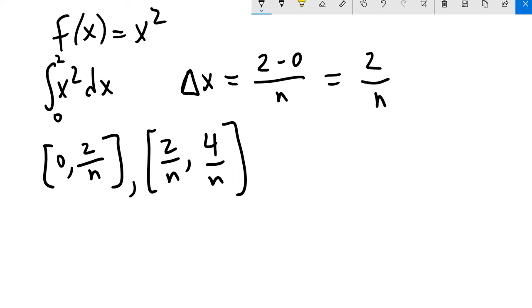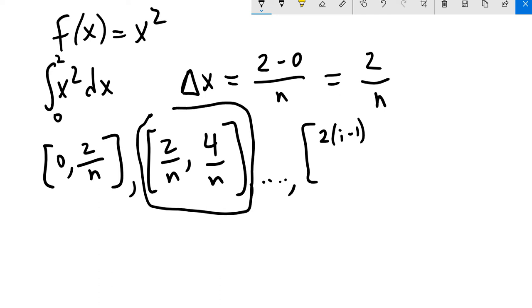It would keep going. So our ith interval would look like this. It would be 2 times i minus 1, because like this one here is our second interval, right? So if i were 2, i minus 1, 2 minus 1 is 1, 1 times 2 is 2, so that's our 2 over n.